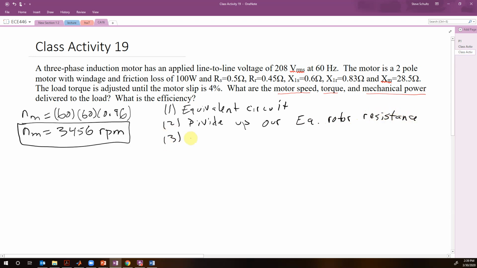Three, we're going to calculate the power in the resistor.